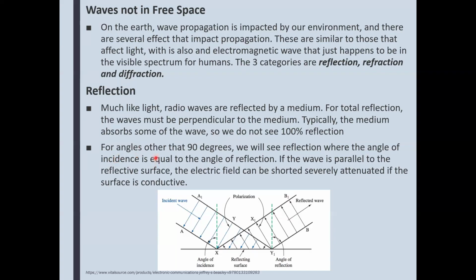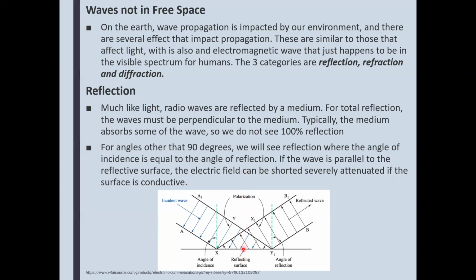For angles that are not 90 degrees, we will see reflection where the angle of incidence is equal to the angle of reflection. Well, the angle from what to what?